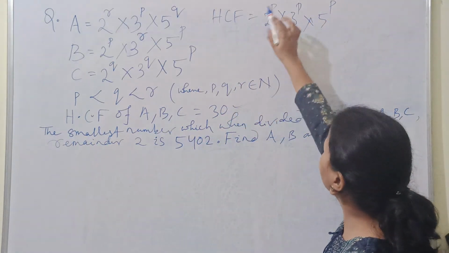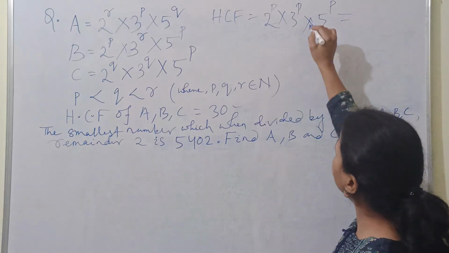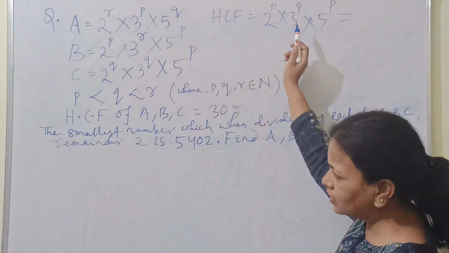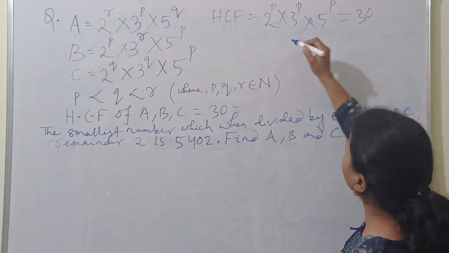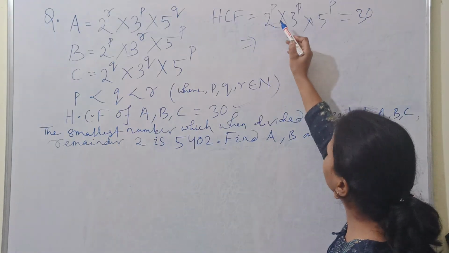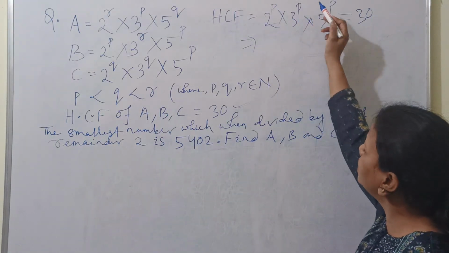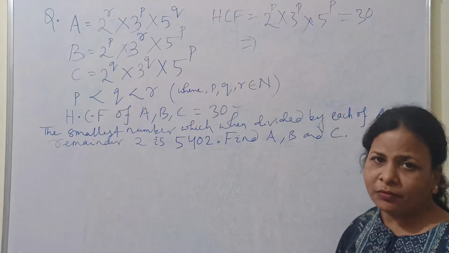So it's our HCF. Now this HCF found in this manner can be equated with 30 because it is given in the question. Now we shall solve this one: 2 to the power p into 3 to the power p into 5 to the power p.